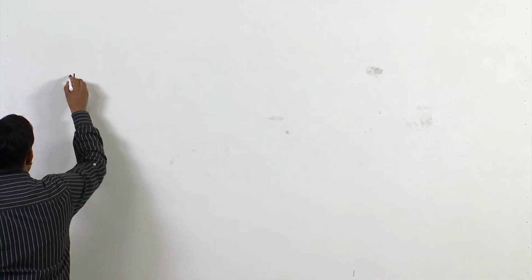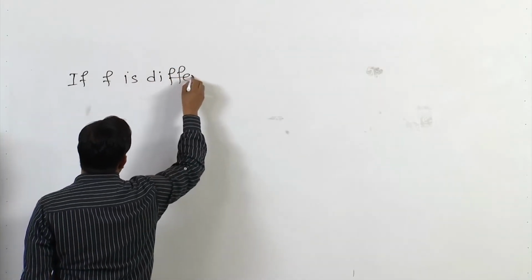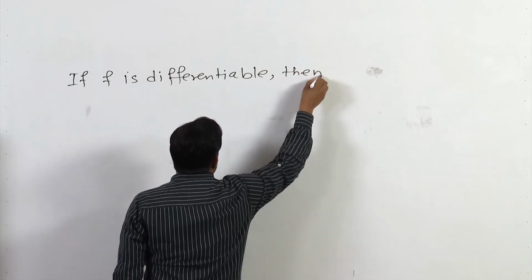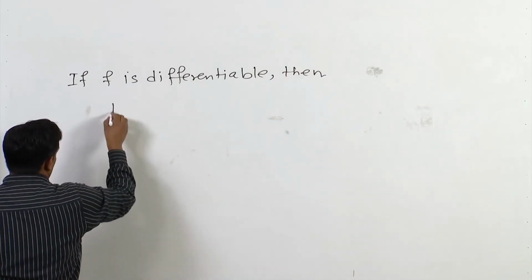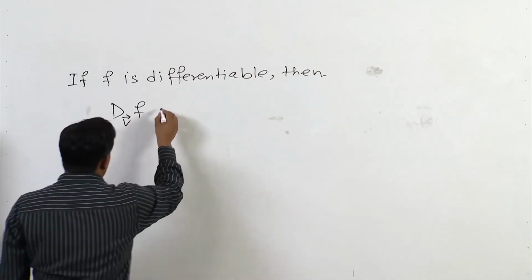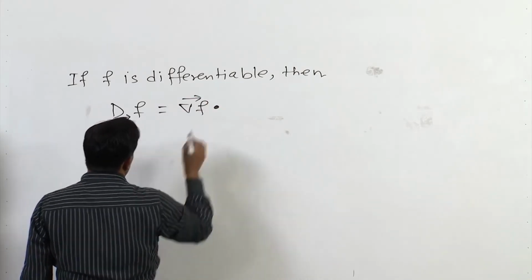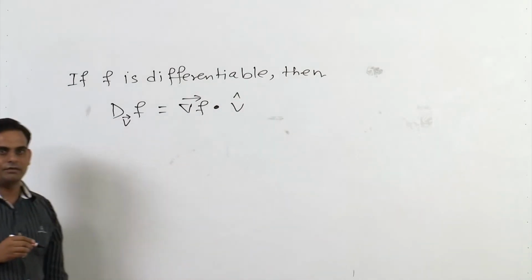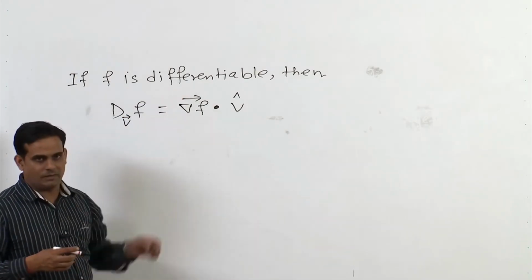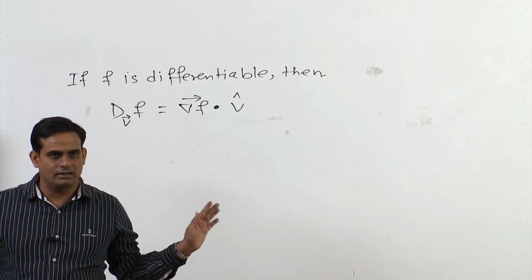So, if f is differentiable, then the directional derivative of f in the direction of a vector v is given by del f dot unit vector v, and hence if it is differentiable, its directional derivative exists in each and every direction.